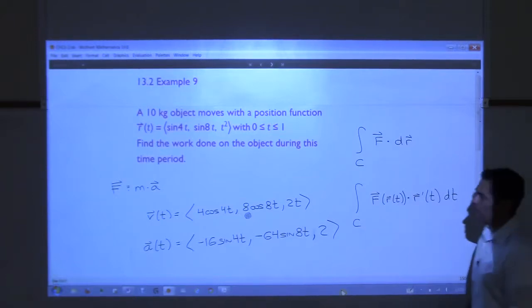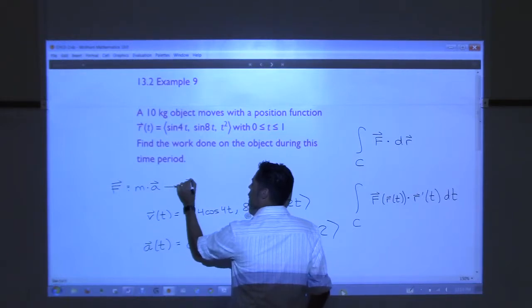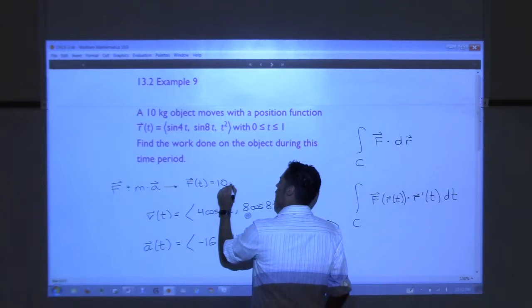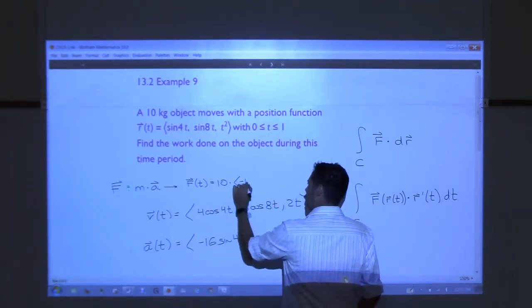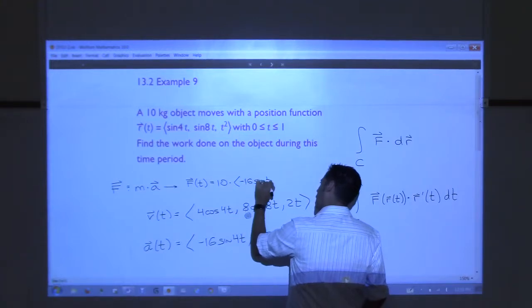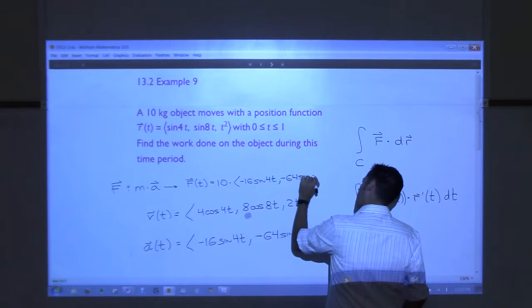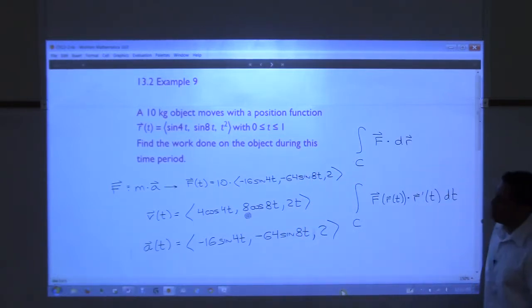So let's go back up here to force equals mass times acceleration. What we're really saying is that the force is a function of t, and it's the mass, which is 10, times the acceleration function, which is all this stuff down here. And that 10 is just a scalar multiplication, it scales everything.